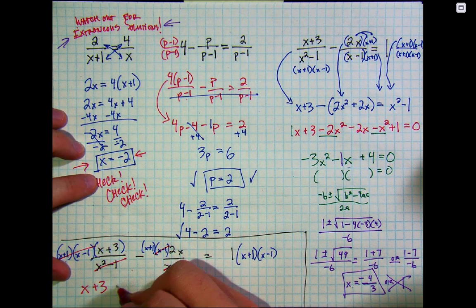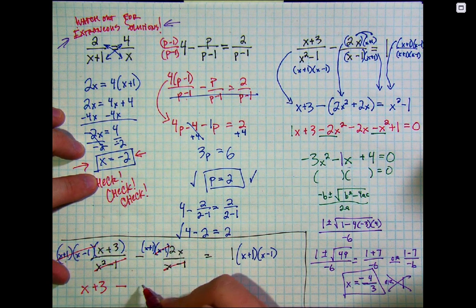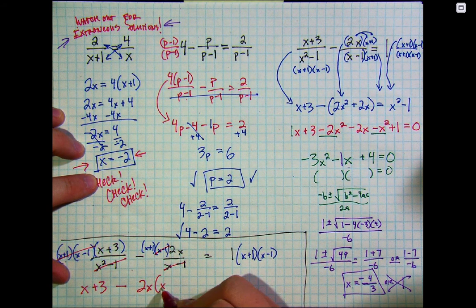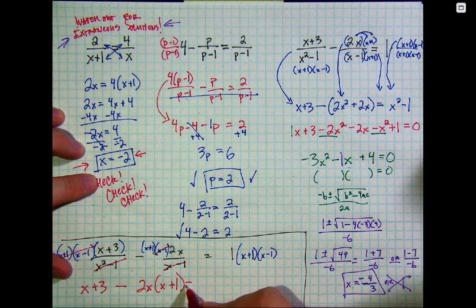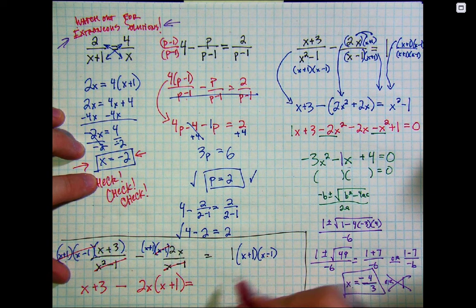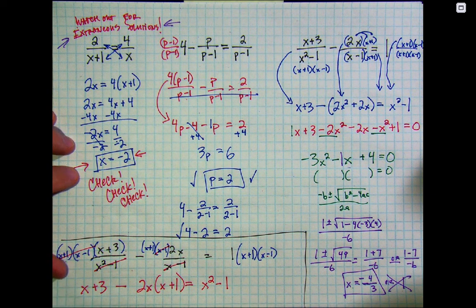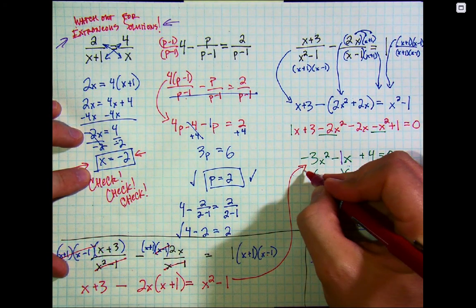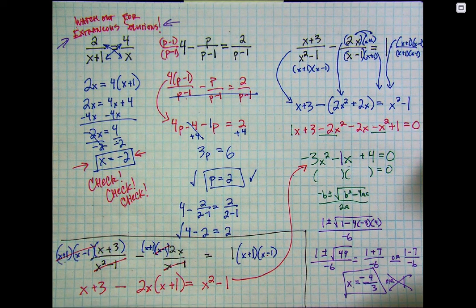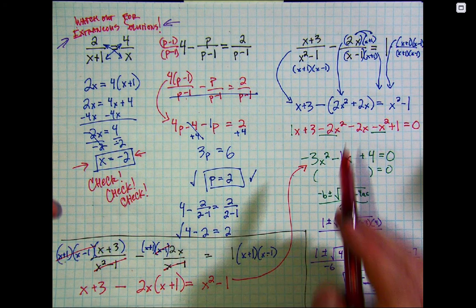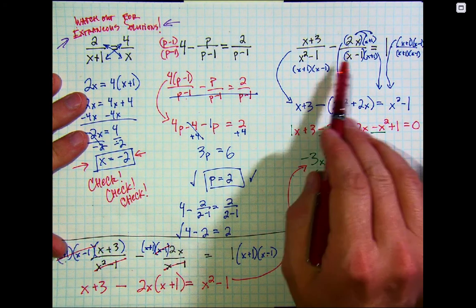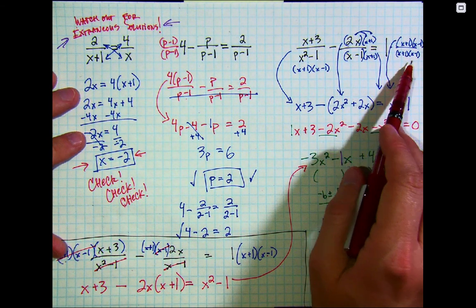So we're going to have minus 2x times x plus 1 equals that, which is really that, and basically this would have gotten you here without having to go through piece by piece.